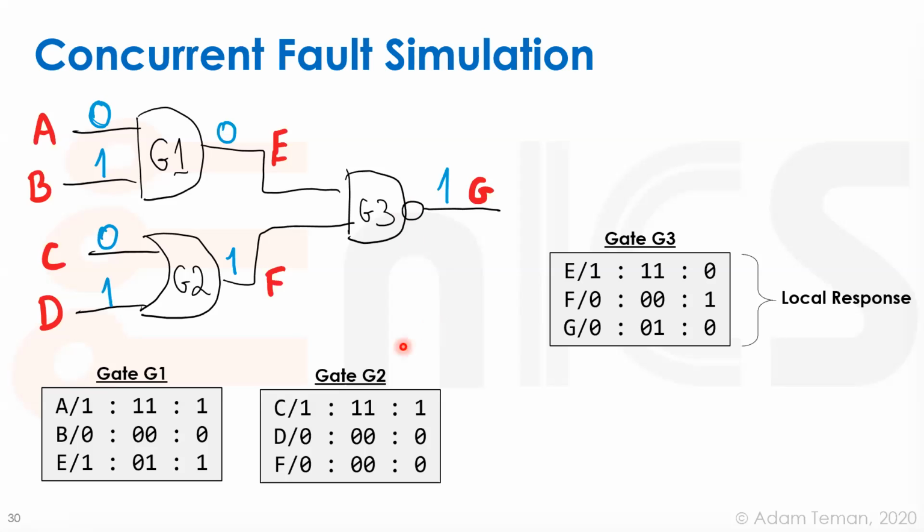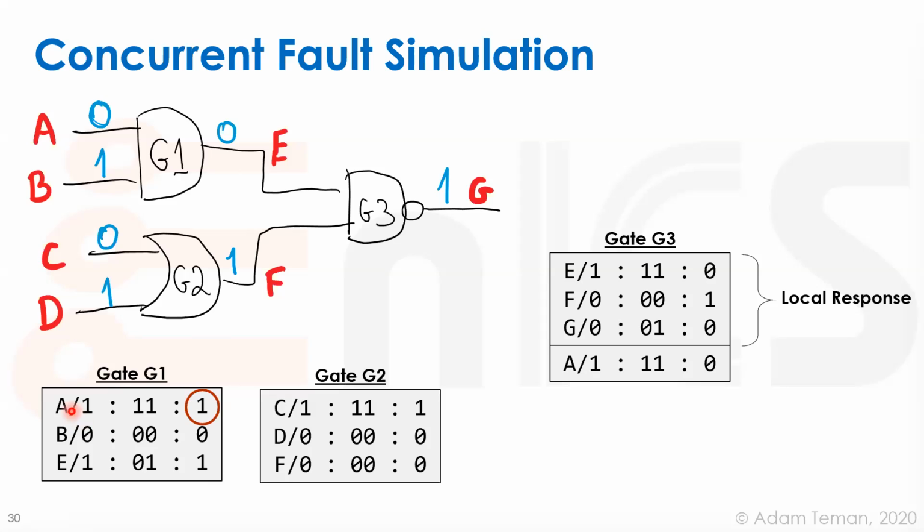But then we have how we propagate these faults down to the end. Okay, so what we do is we look at the problem of G1. G1 should be 0. So we look at which faults would have caused G1 to be 1. And we see that A stuck at 1 would have caused it to be 1.